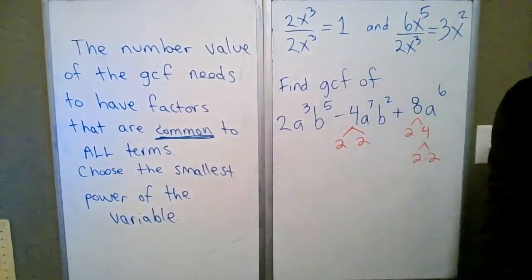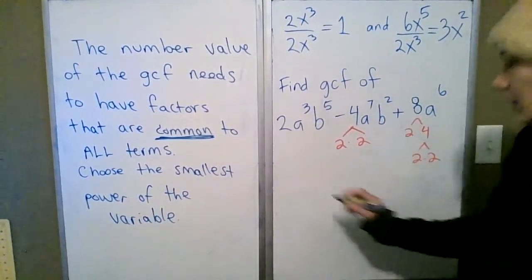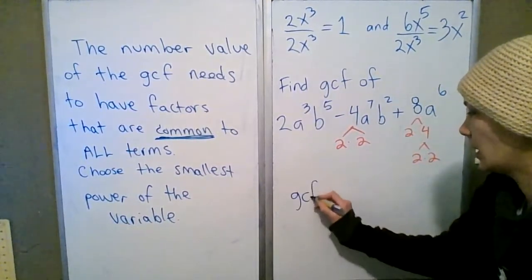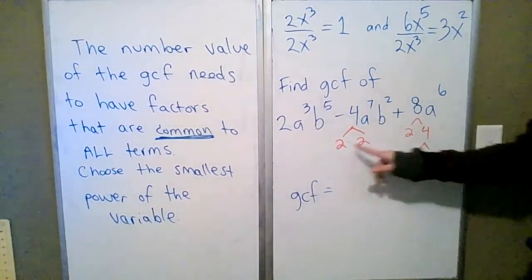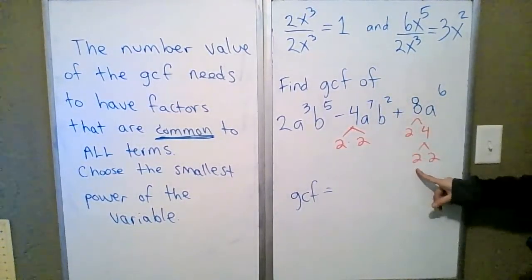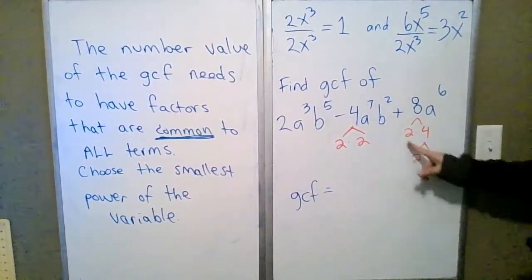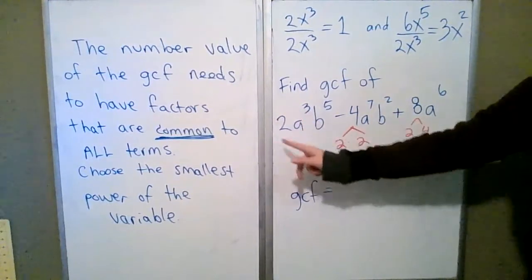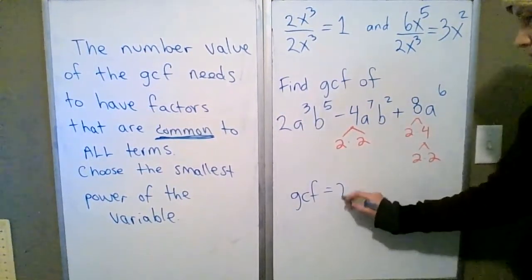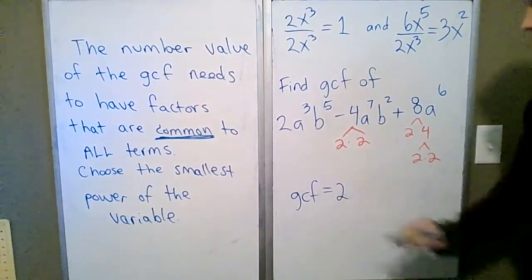For the greatest common factor, the number has to be common to all terms. So there's a 2 here, there's a 2 here, there's a 2 here. Then you pick the least. So you've got 3 twos, 2 twos, or 1 two. Pick just 1 two, the smallest number of 2s you have.